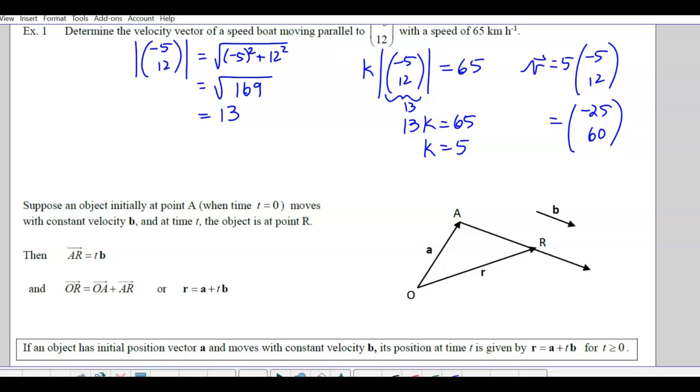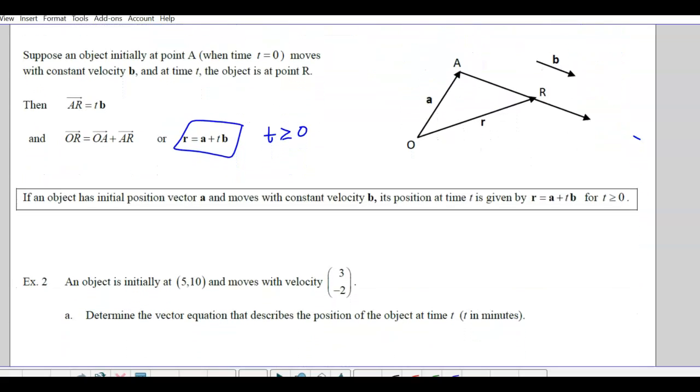Your original point at time 0 is A, and you travel along that line, t times the direction vector b. So it's just a vector equation, with t greater than or equal to 0, right? For an application. And there it's summarized here.